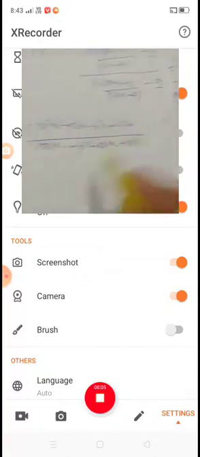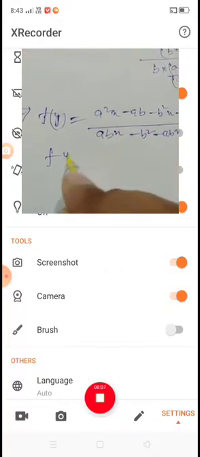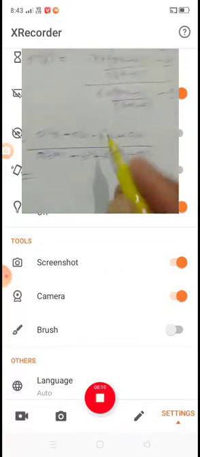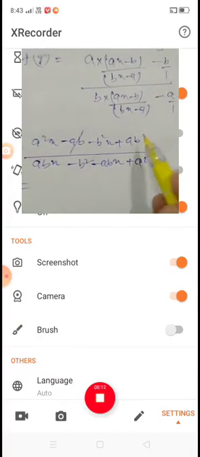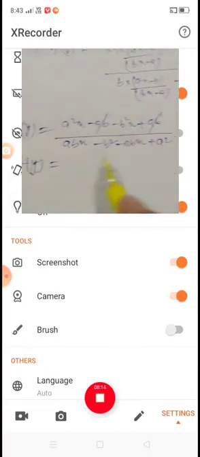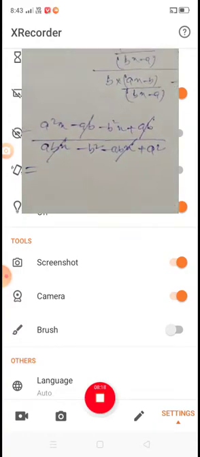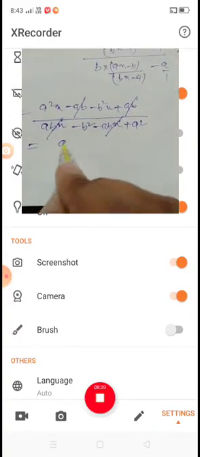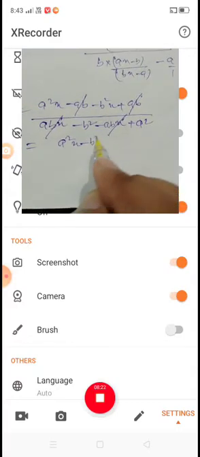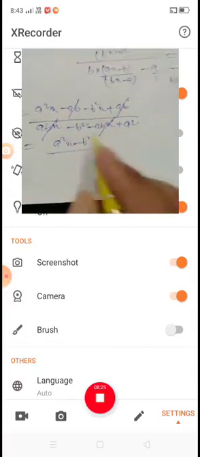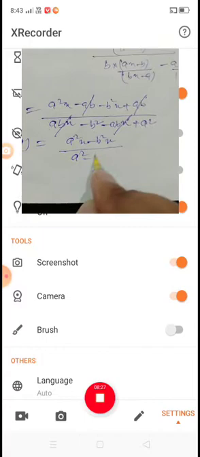Now see the numerator: here minus ab plus ab cancel each other, and in the denominator plus abx minus abx cancel each other. So we get a square x minus b square x upon a square minus b square.